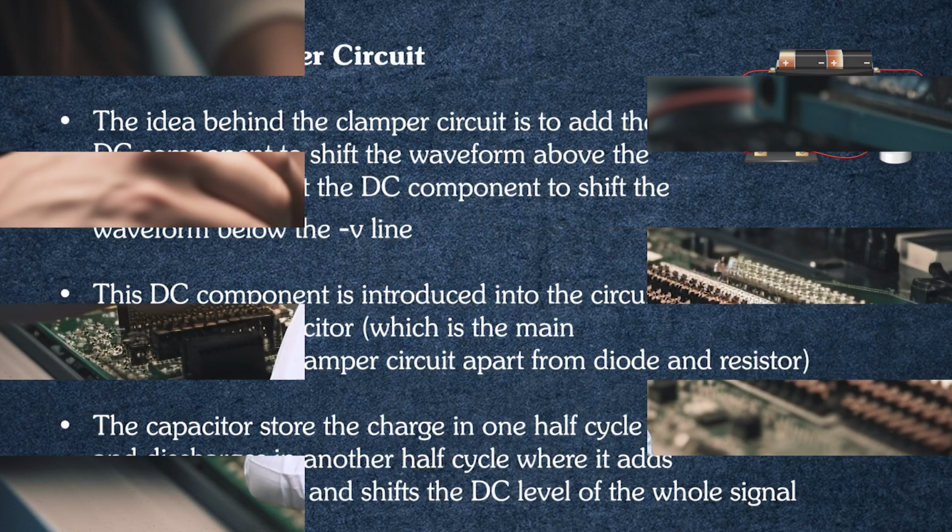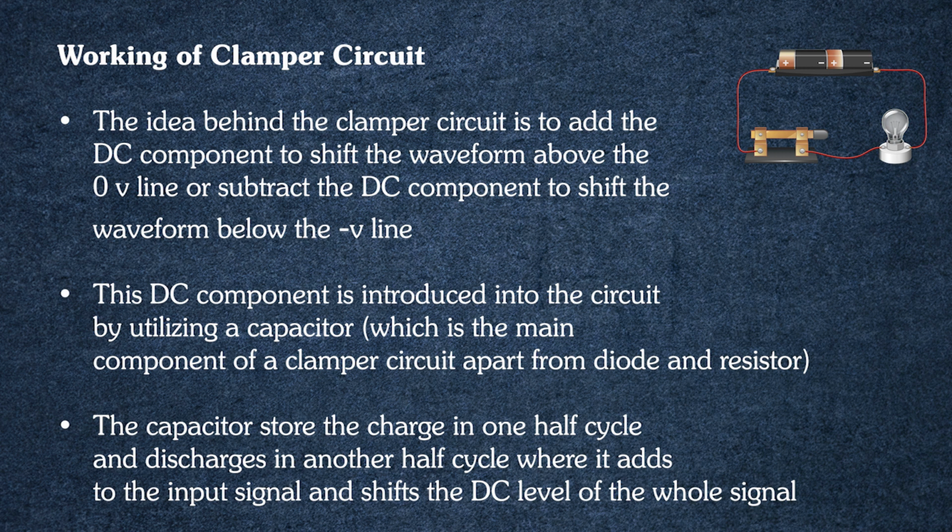So a basic clamper circuit consists of a diode, a resistor and a capacitor. Now, the capacitor stores the charge in one half cycle and discharges in another half cycle, where it adds to the input signal and shifts the DC level of the signal.